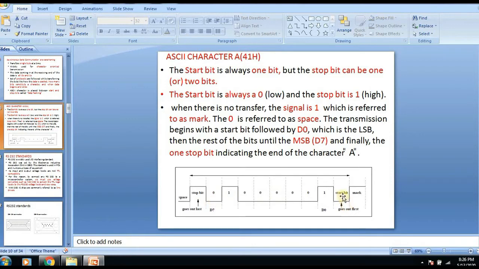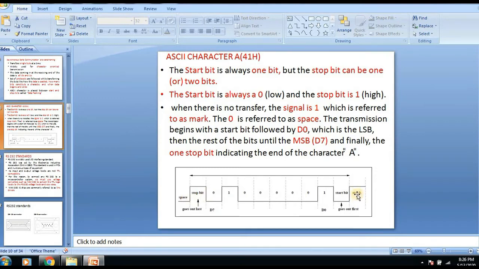There is one start bit and it is always 0, but one or two stop bits can be there; in this discussion we will consider only one stop bit. When there is no transfer, the signal is 1. You can see here this one, which is called a mark.